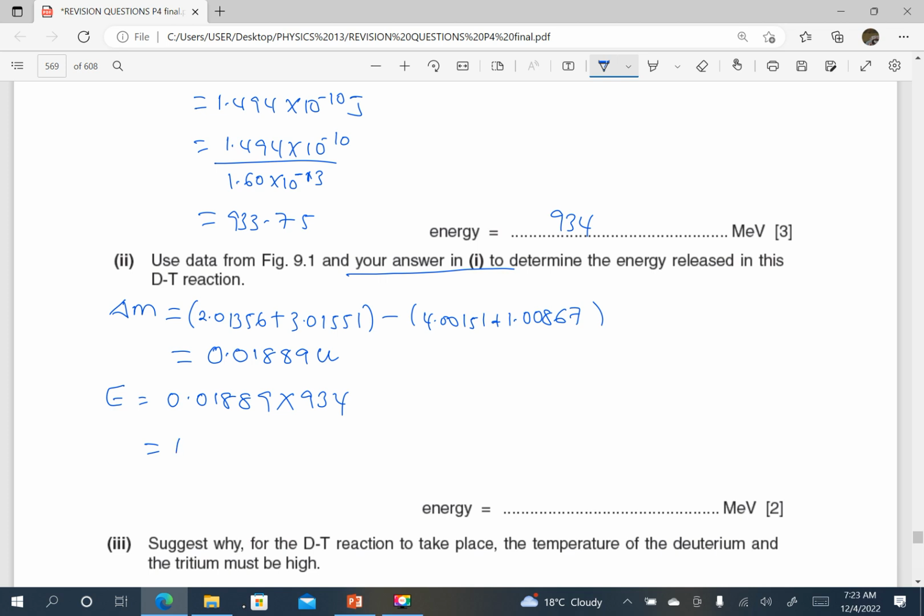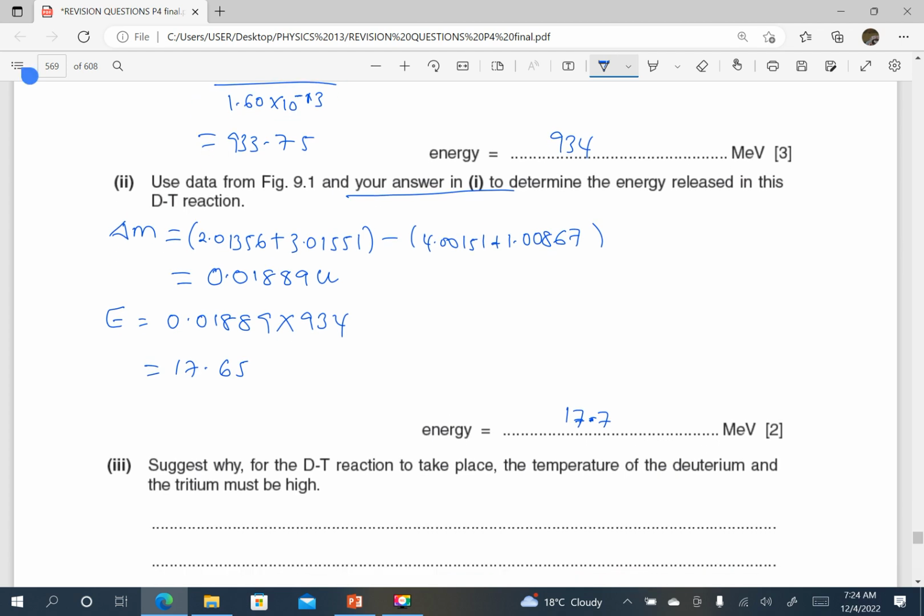So this is 17.65, or approximately 17.7. Approximately 17.7 or 17.6, depending on how you rounded off earlier on. So that is 17.7 or 17.6 mega electron volts.